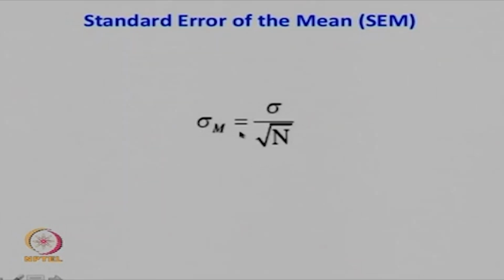Sigma is the standard deviation, and you divide by the square root of n. This clearly tells you that when your n increases, sigma_m will decrease. If n is 4, for example, sigma_m will be half of sigma. If n is 100, then sigma_m will be sigma by 10. So, your error bar will decrease, but this is a measure of how confident you are of calculating the mean.